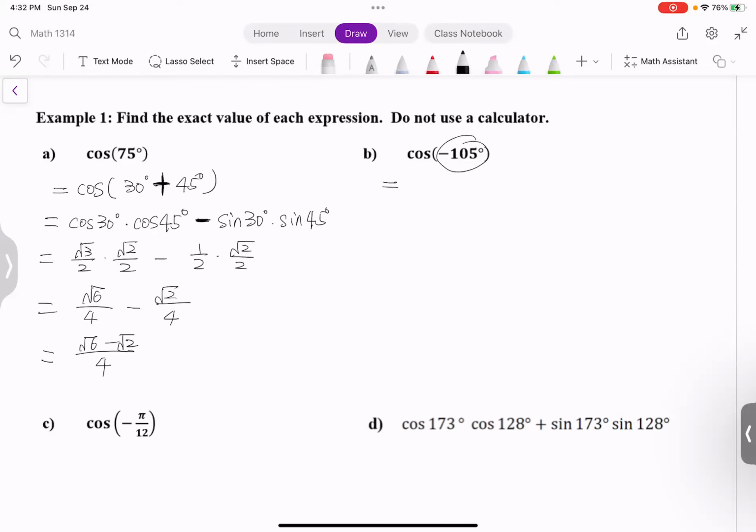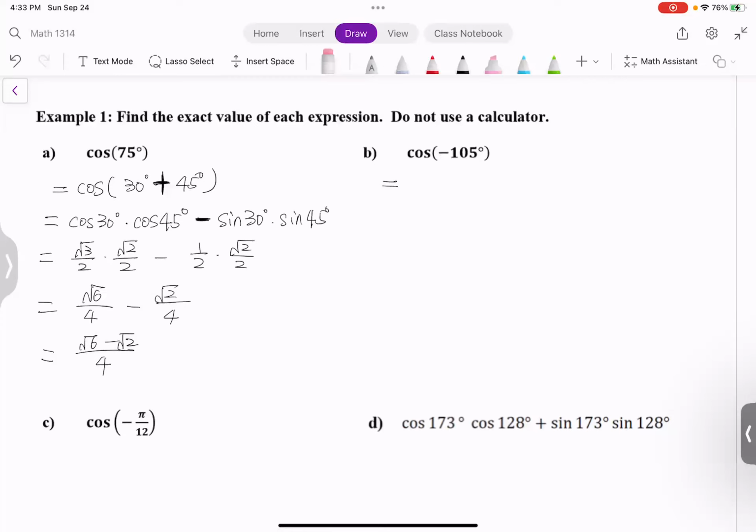How about the next one? This is cosine negative 105 degrees. Remember that if we have a negative angle, let's use the even or odd property of the function to get rid of the negative sign. Cosine is an even function. If I have a negative here, that means I can take it away. That's cosine 105 degrees. Can you break 105 into the sum of two angles? I know that 60 degrees plus 45 degrees makes 105.